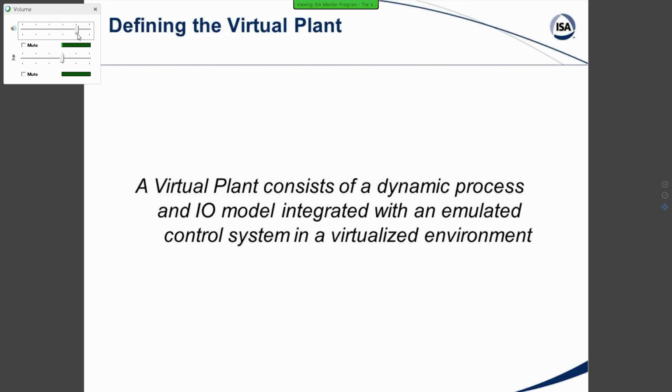And in a virtualized environment just refers to the fact that this is sitting on a server in the cloud, somewhere where it's easily accessible for use with operator training or for control system testing. We'll get into some of those use cases as we go through this presentation.